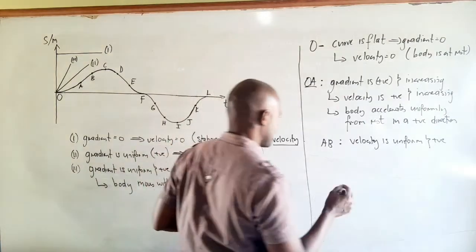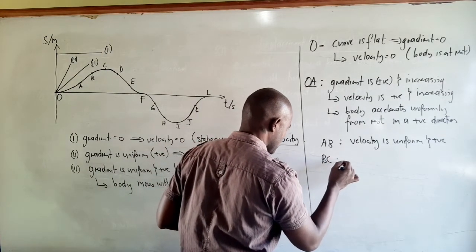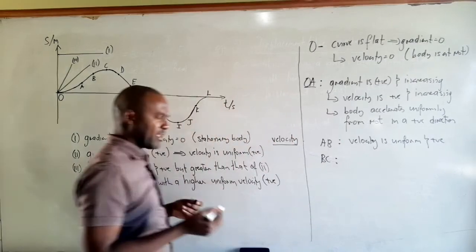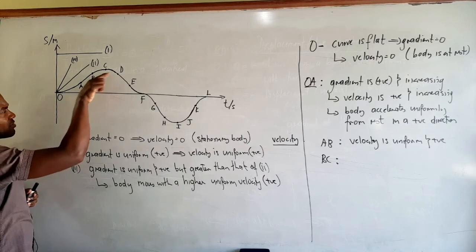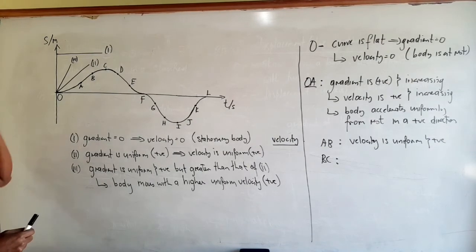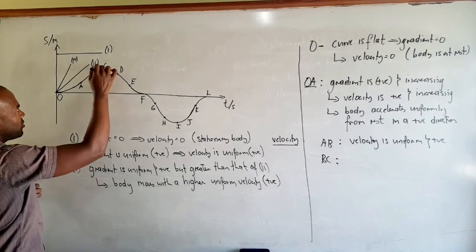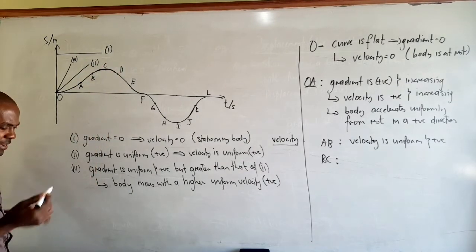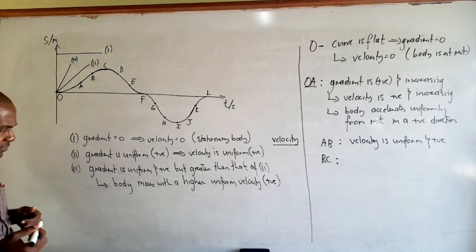All right, let's look at BC. Now if you examine BC, once again it starts a curve, and the graph is starting to become flat, right? So this means that the gradient is decreasing, but it is still positive, right? So the curve is beginning to flatten a bit, and so the gradient is decreasing, but it is still positive, right?